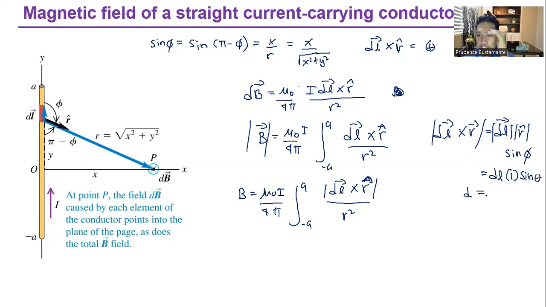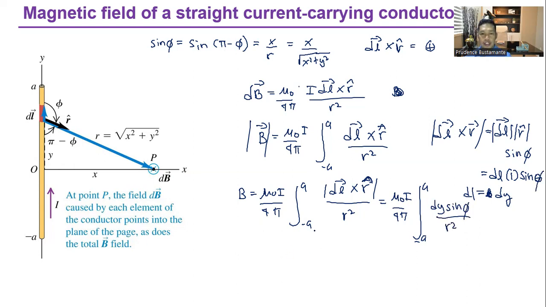Here dl is just equal to dy, so dl is the length dy j hat, or dl is just dy. So here we have mu naught I over 4 pi, integral from negative a to a of dy sine of phi over r squared.